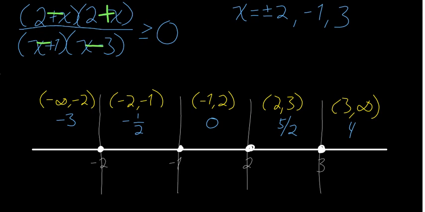My numerator is a negative times a positive, which is a negative, and my denominator is a negative times a negative, which is a positive. So we have a negative over a positive, which gives me a negative number. Okay, so hopefully you followed along.